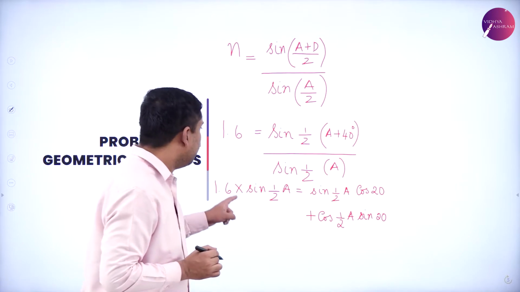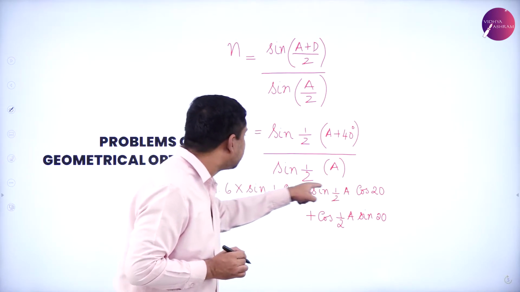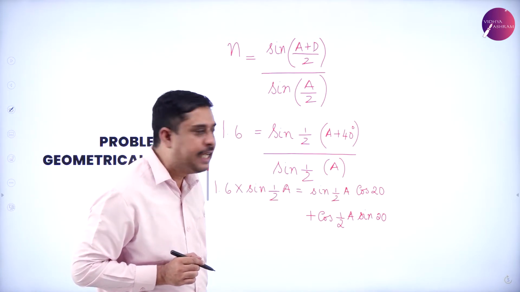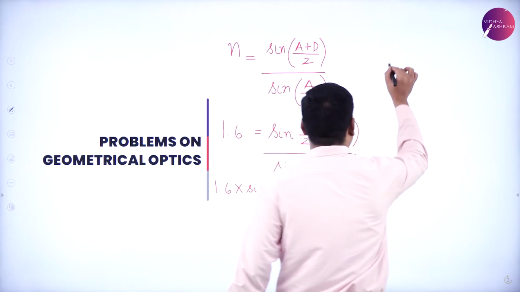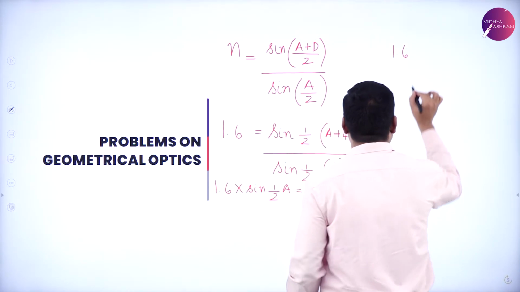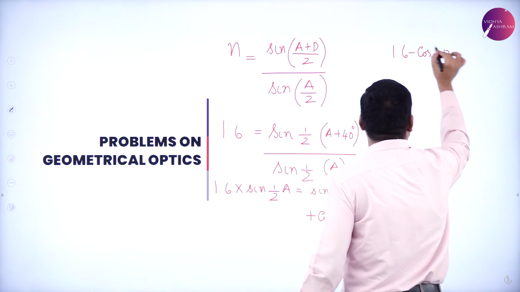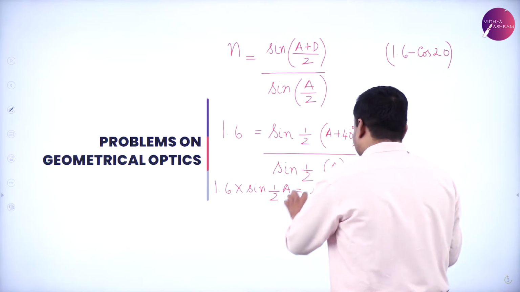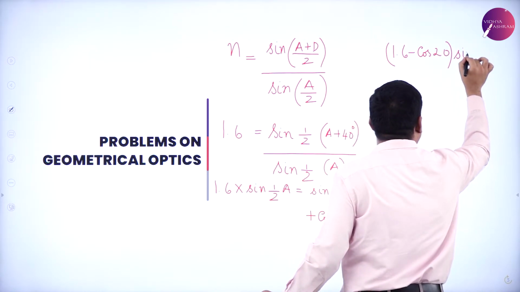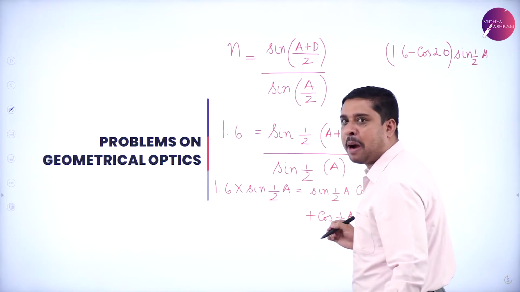Now, pulling the first term towards the right hand side, you observe 1.6 minus cos 20, sin half A is common. Clear? Observe.